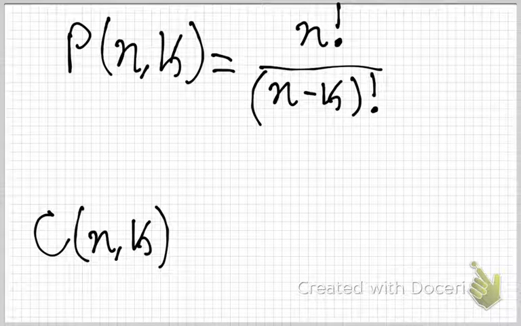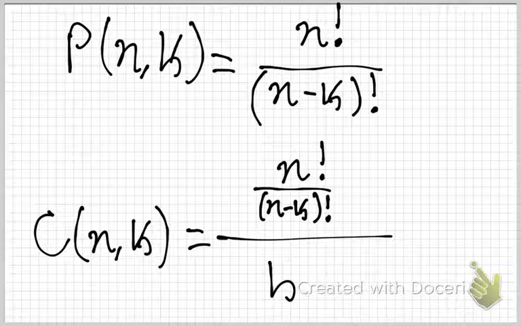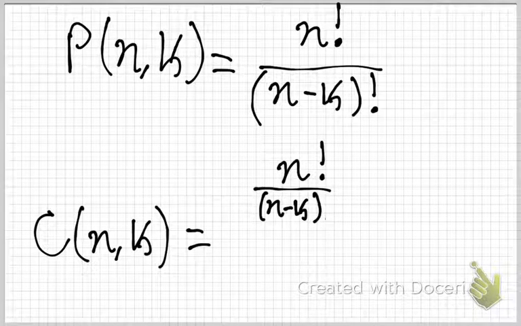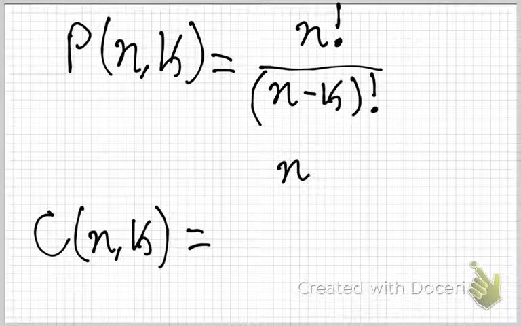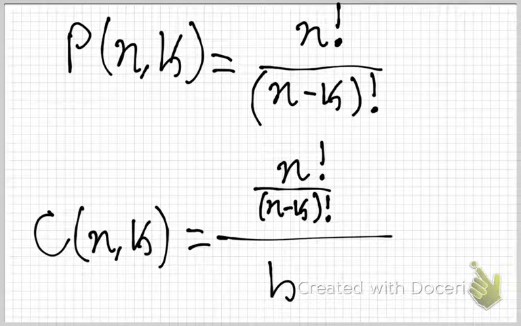C(n,k) is equal to P(n,k), which is this right here, divided by n minus k factorial, divided by k factorial.